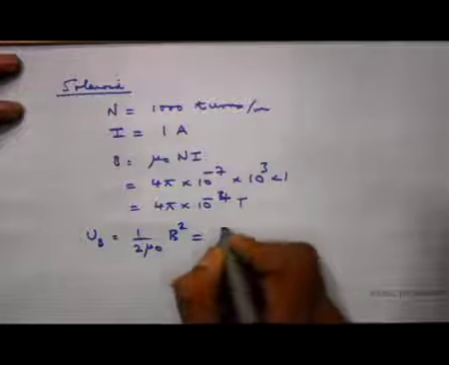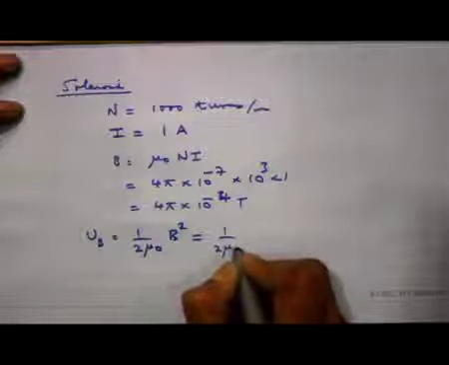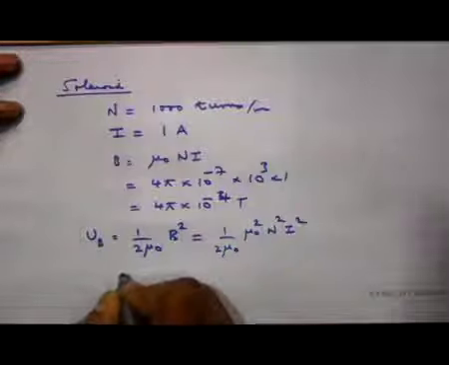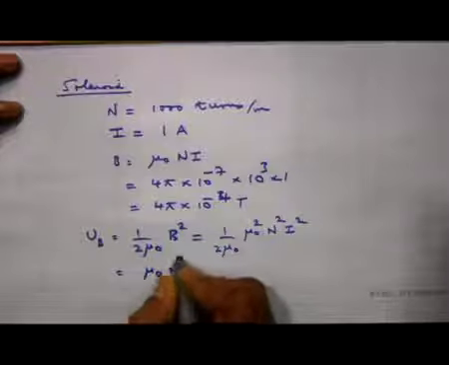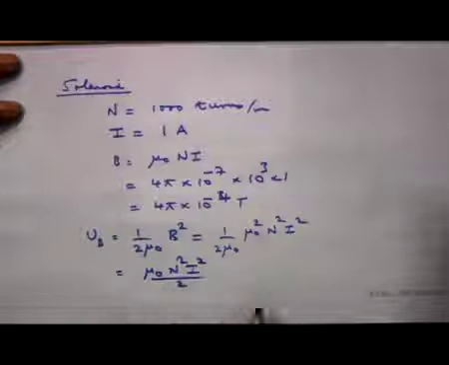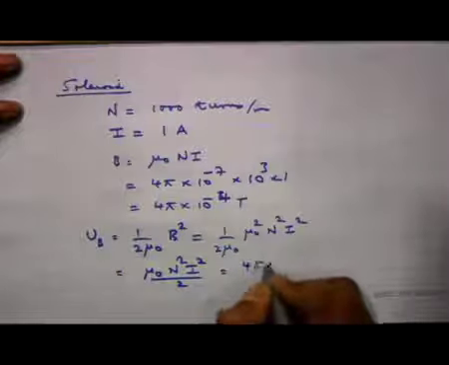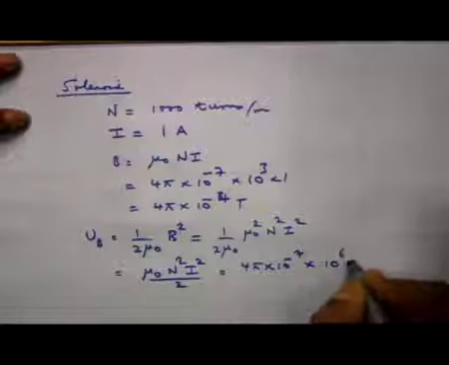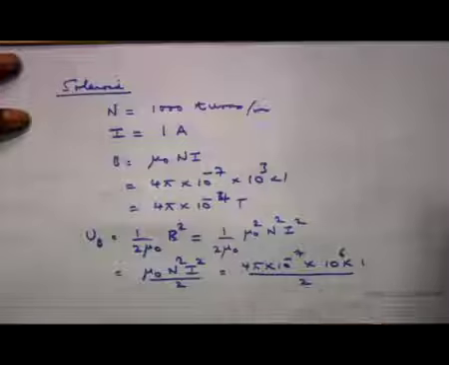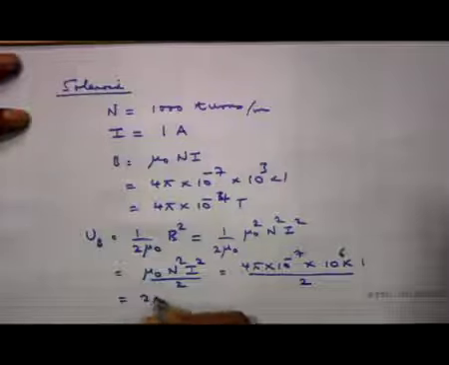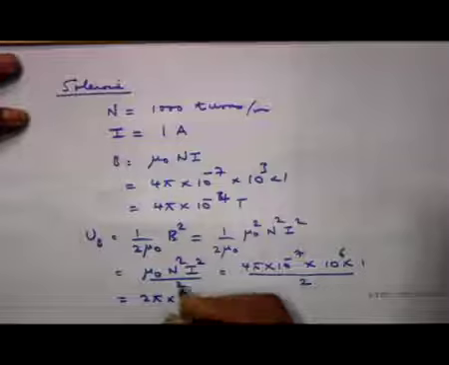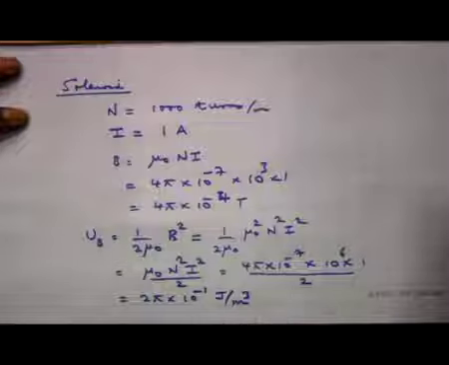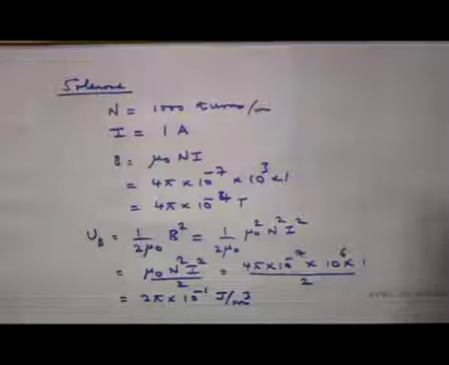So, I can again write this as 1 by 2 mu naught into mu naught square n square I square, which is equal to mu naught n square I square by 2, and I can substitute this as 4 pi 10 to the minus 7 into 10 to the power 6 into 1 divided by 2, and that is equal to 2 pi into 10 to the minus 1 joules per meter cube. 0.2 pi joules per meter cube is the energy density of the solenoid.